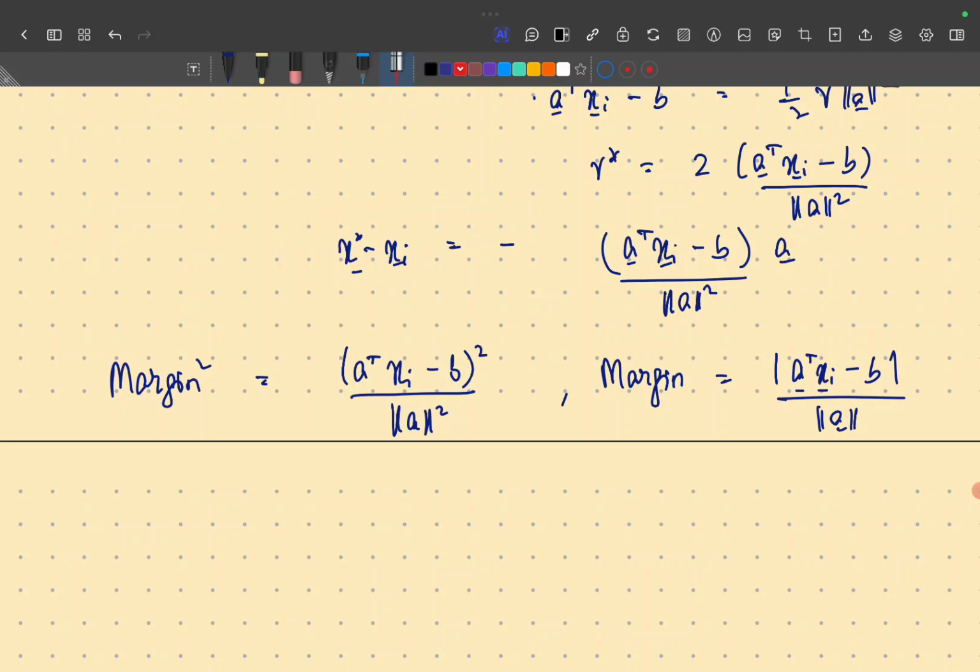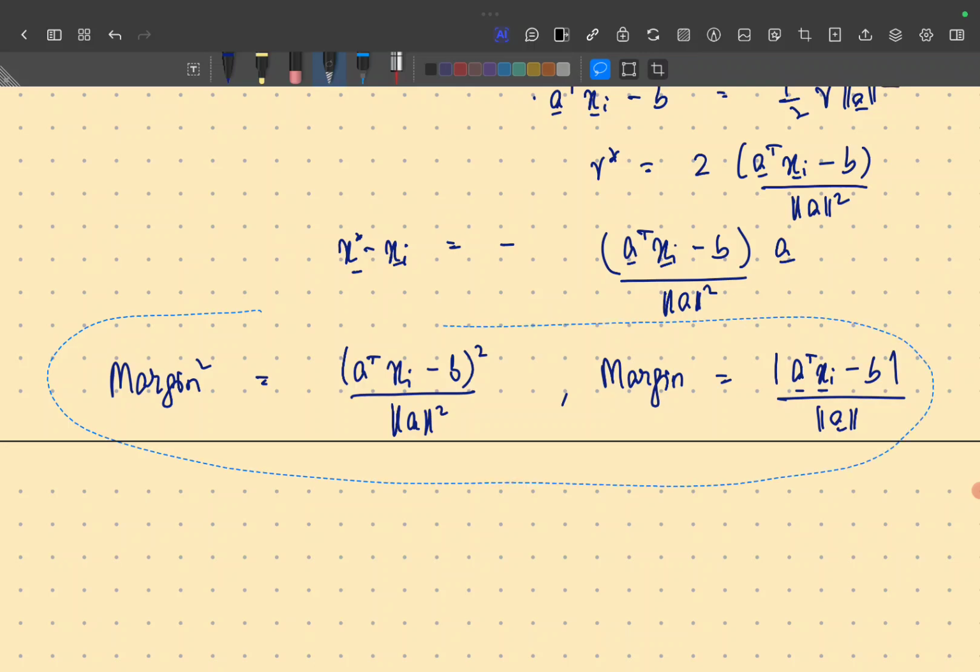X star minus xi is equal to this, correct? You take the norm on both sides and square it, correct? The denominator would be norm A to the power 4, and above it is norm A squared.